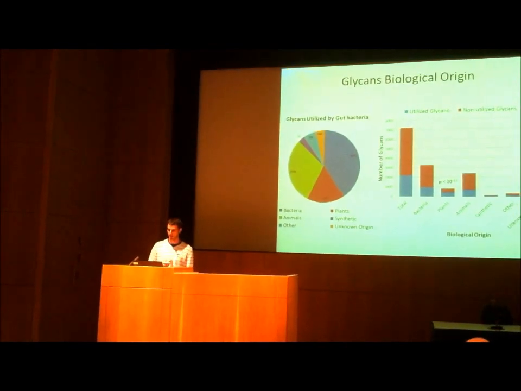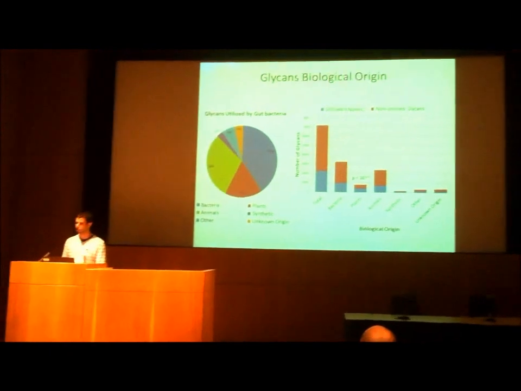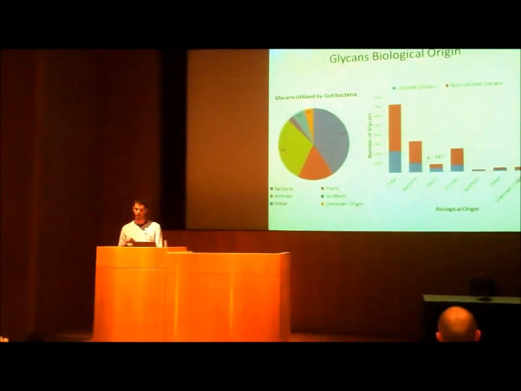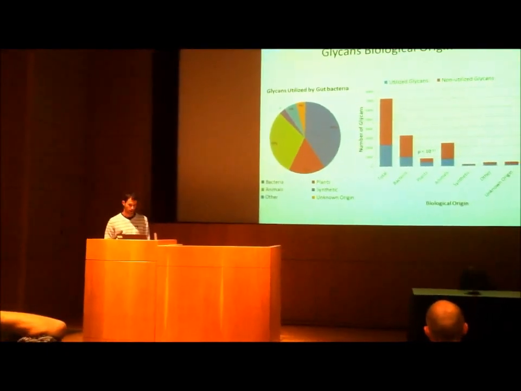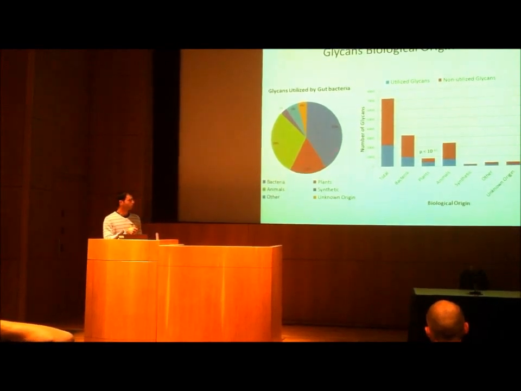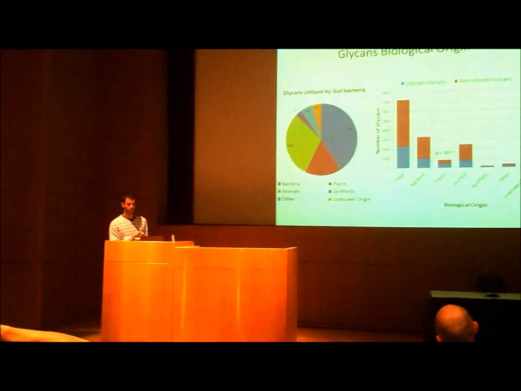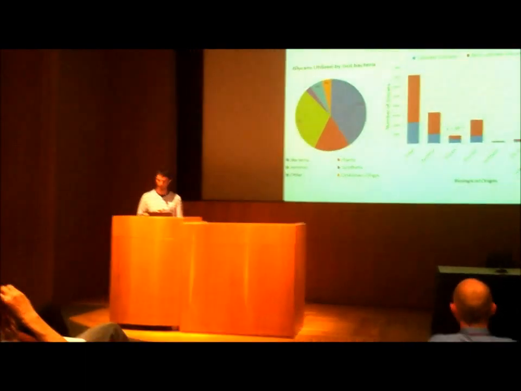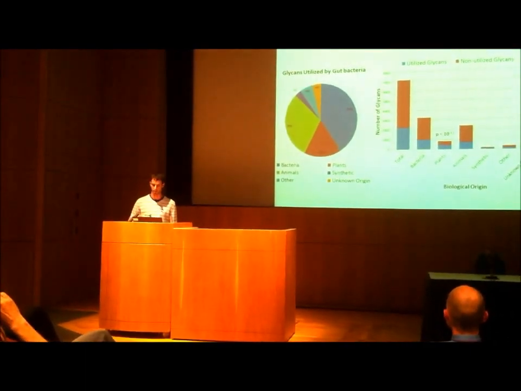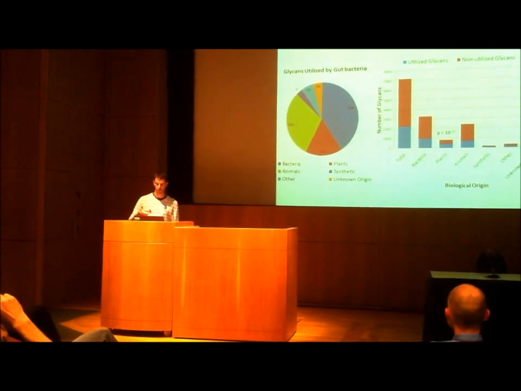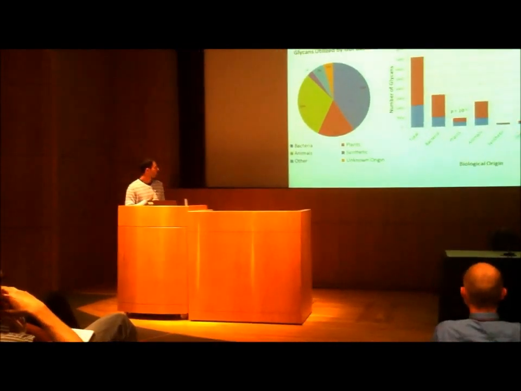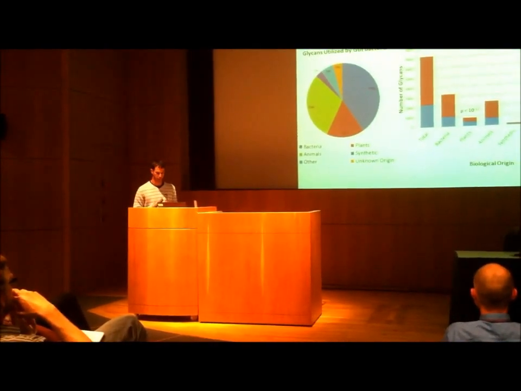Finally, when mapping glycans to their biological origin, meaning where they can be found in nature, if we look only at the utilized glycans, we can see that the majority of them actually come from other bacteria. So bacteria are actually breaking the glycans of themselves, but to some extent also from plants and animals.